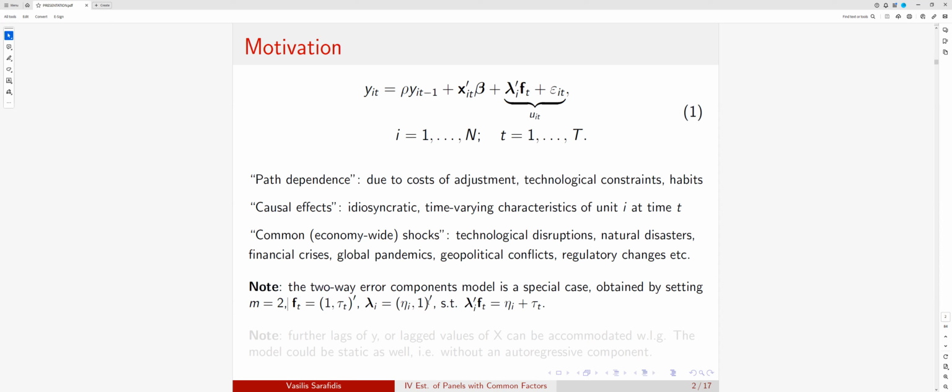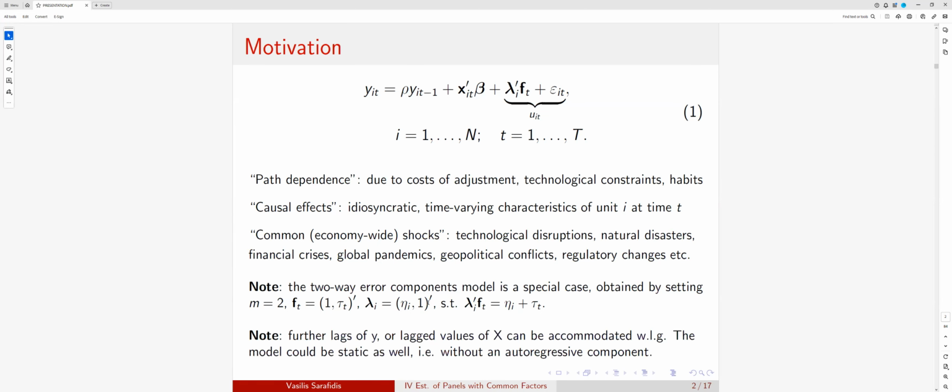Of course, the two-way error components model is highly restrictive most of the times because it imposes, for example, that conditional on a bank-specific fixed effect, all sources of market risk and economic conditions that we mentioned above have exactly the same impact on all individual banks, a restriction that is likely to be violated in practice.